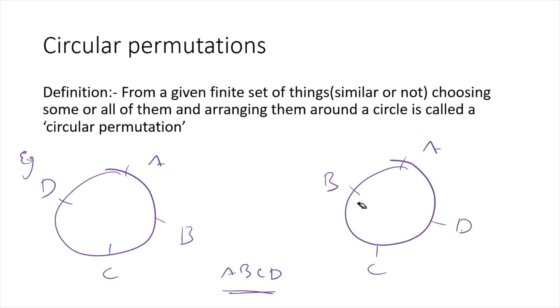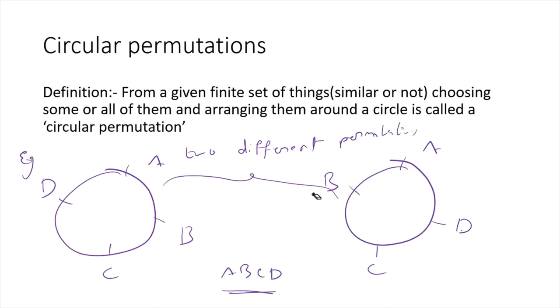So you can take these two permutations as two different permutations. Even though if I read one permutation in clockwise direction, I will get ABCD, and if I read the other in anti-clockwise direction, I will get ABCD, these two permutations will be treated as two different permutations.